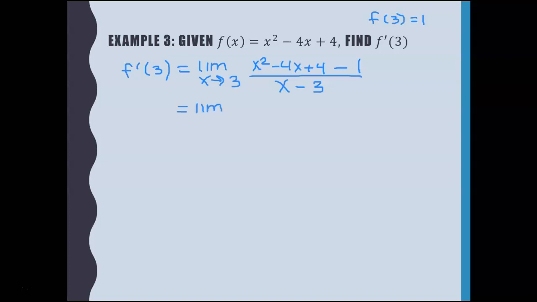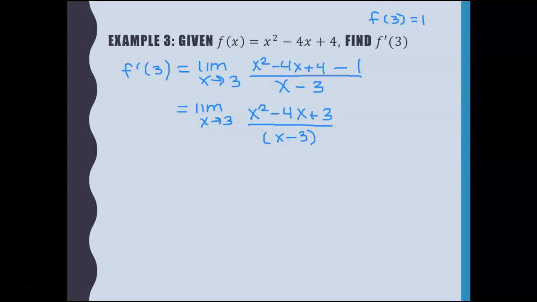So that becomes the limit as x approaches 3 of x squared minus 4x plus 3 all over x minus 3. And we know that if we plug in 3, we get 9 minus 12, which is negative 3, plus 3, which is 0. 3 minus 3 is 0.